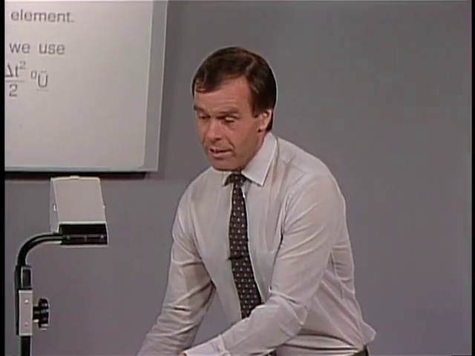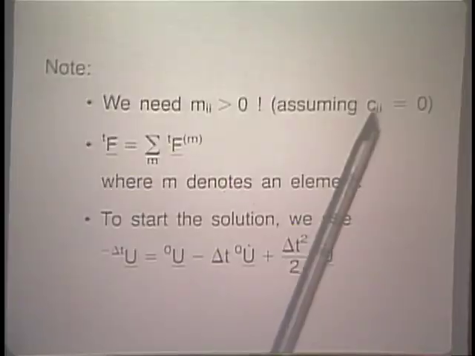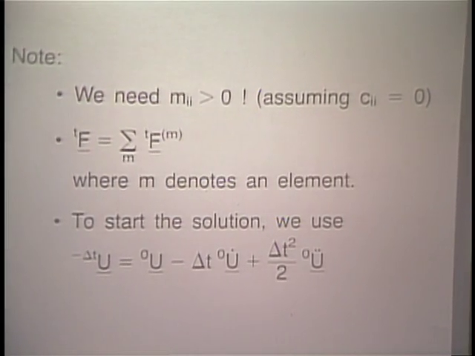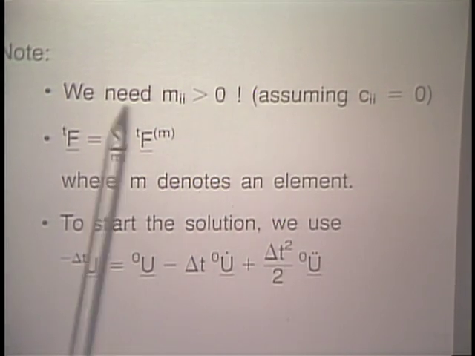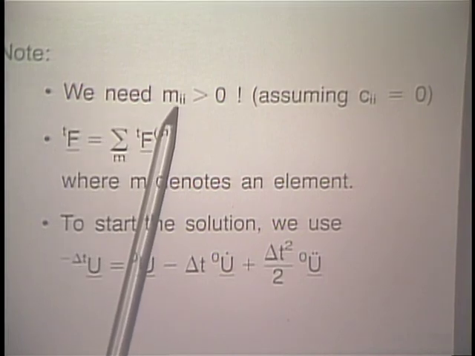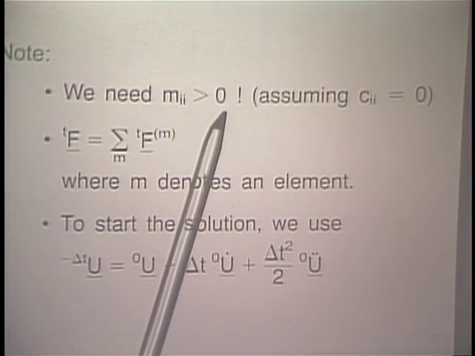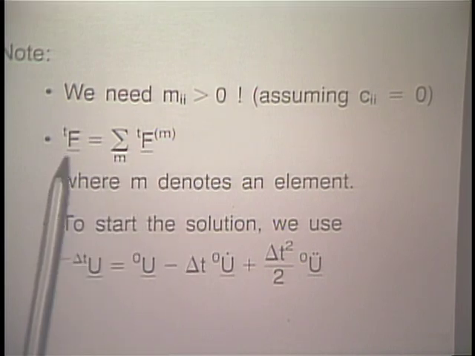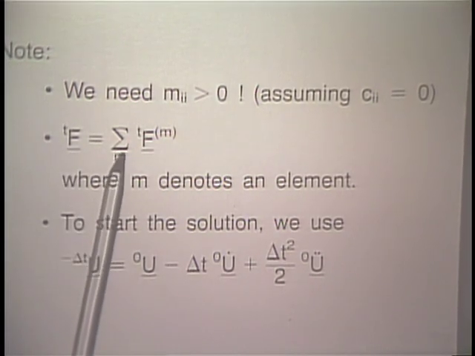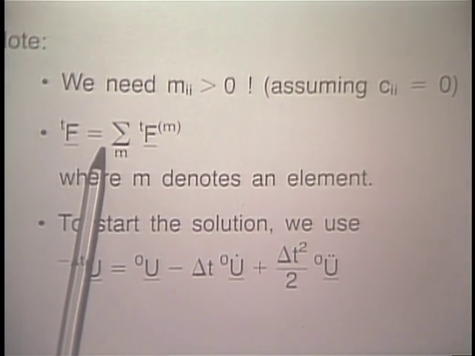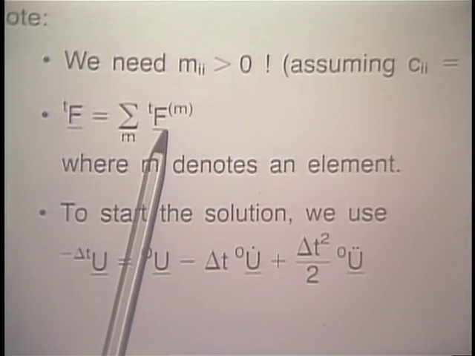Note that in the solution, if the damping is 0, in other words, we don't have damping in the system, C_ii is equal to 0, we need that M_ii is greater than 0. Otherwise, we can't solve the equations. Notice that Tf is calculated by summing all the element contributions.